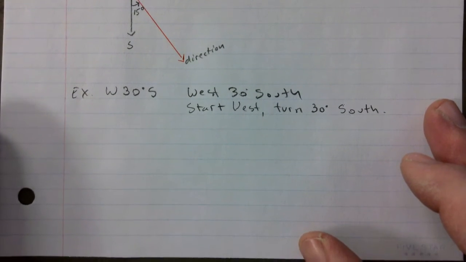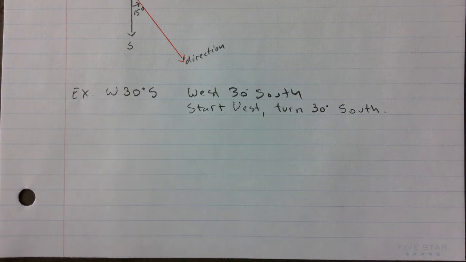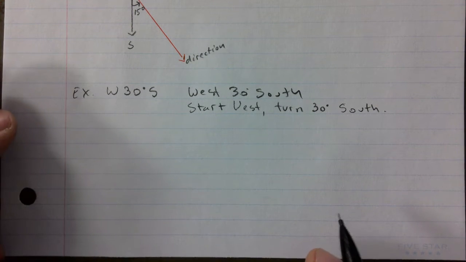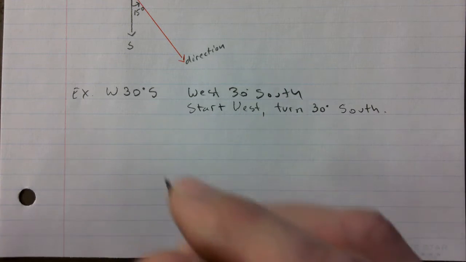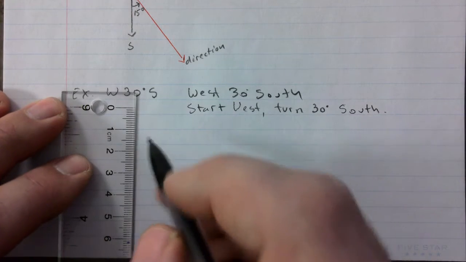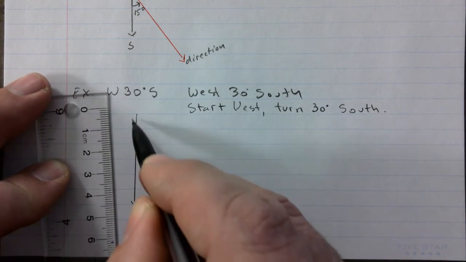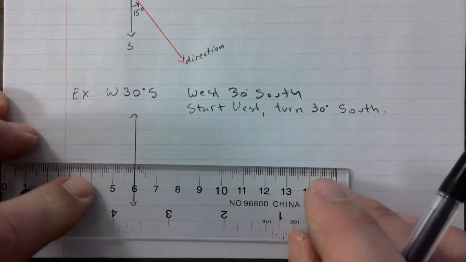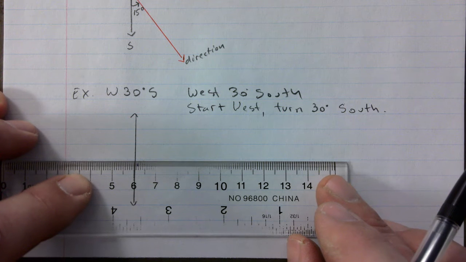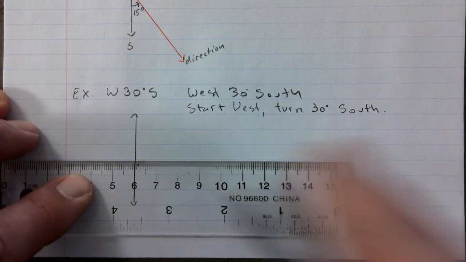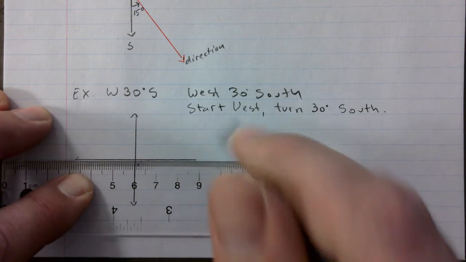Bearings is another way, which starts with 0 going north and goes 360 degrees around. We're just going to stick with these. But if you ever need to review that, I'm sure it will make sense for whatever you need it for. If you are into competitions where you have to wander in the forest, they usually use bearings.